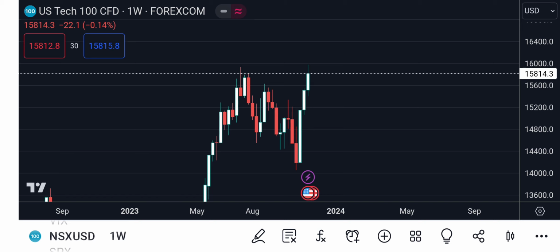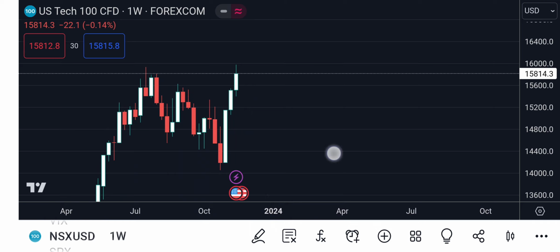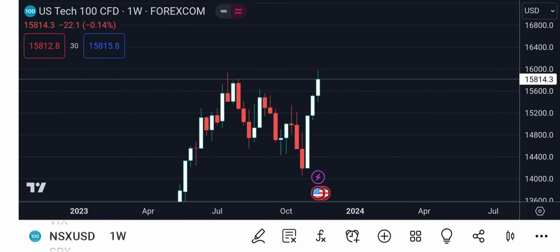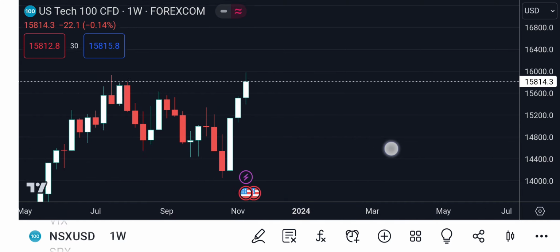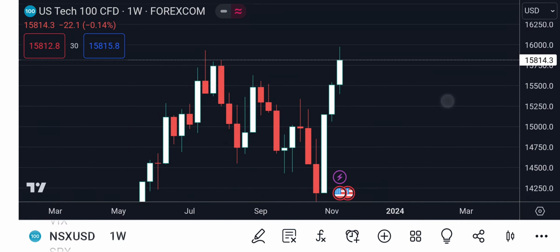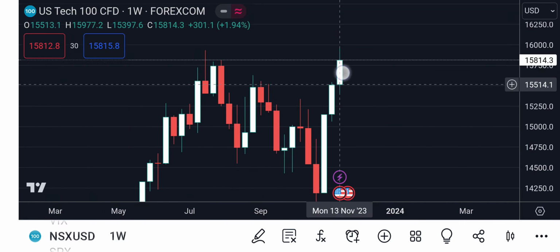I'm looking at the Nasdaq on a weekly time frame, and I'm focusing on this candle right here.